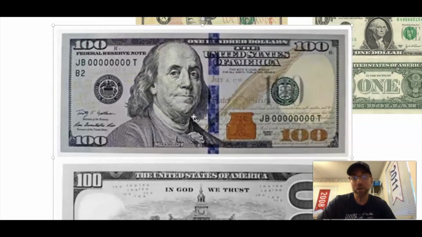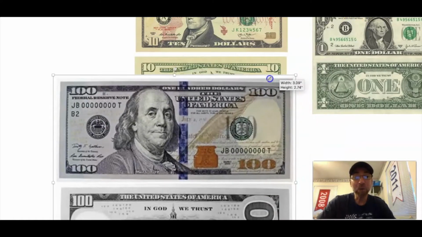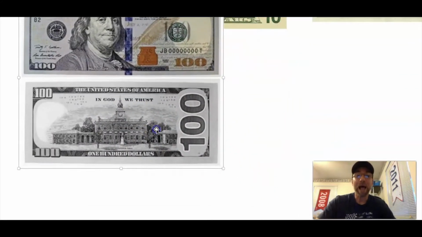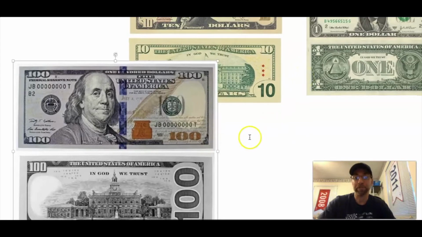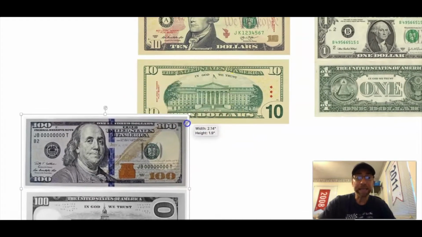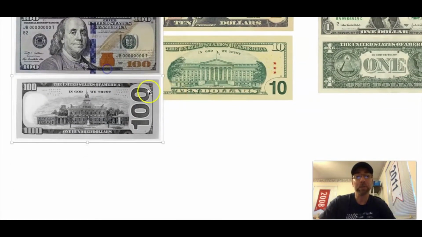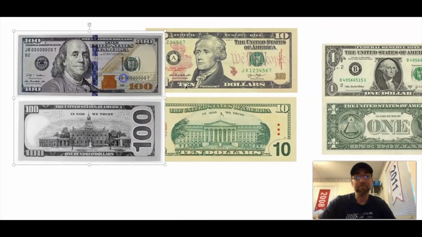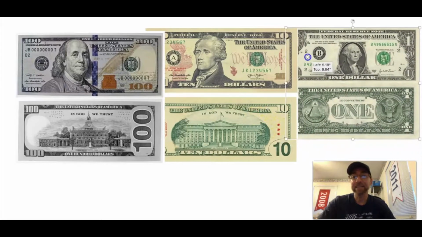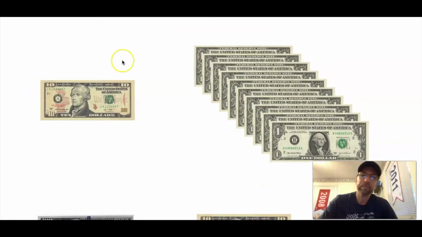And you're going to notice that there's 100s all around the $100 bill. So that helps us to know how much it is worth. And just like our coins had a heads and a tails, well, so do our dollar bills. There's a front, and then there's a back to every one.